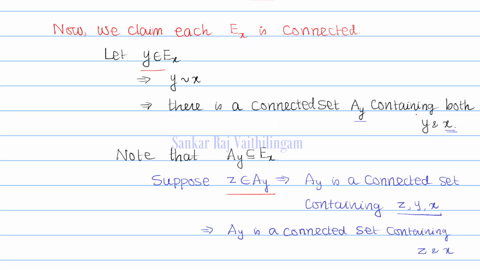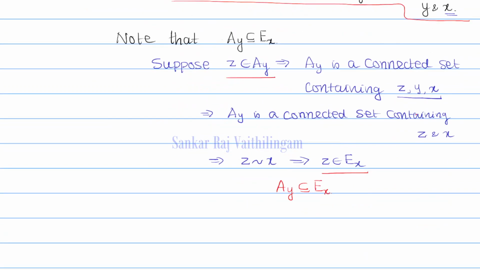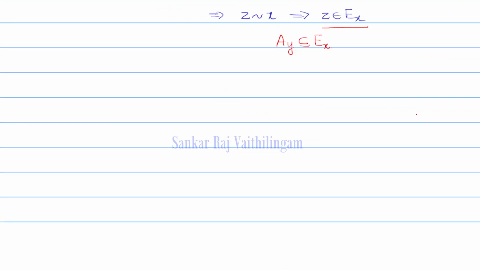Let y belongs to E suffix x. Then there is a connected set A suffix y containing this. Okay. இந்த இடத்துல A suffix y subset of E suffix x ன்னு எழுதிக்கிட்டுமா? அப்போ இதை தான் திருப்பி அப்படியே எழுதுறேன்.